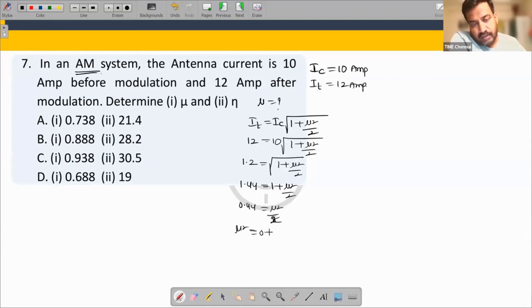Mu square is 0.88. Mu is under root of 0.88, which is 0.938.